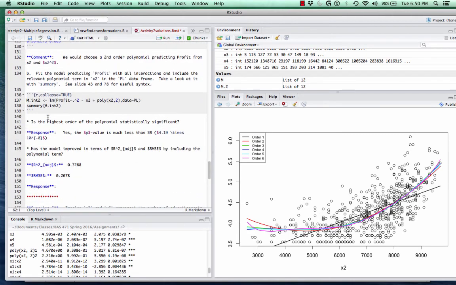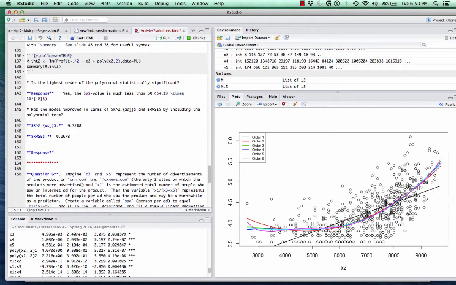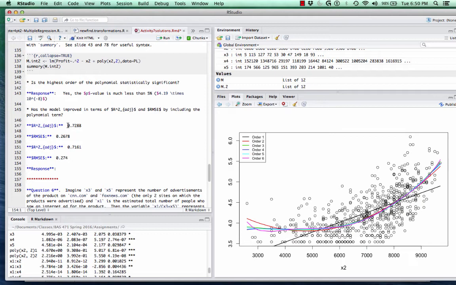Let's go ahead and just copy and paste that down here just so that we can compare. So we see that the r-squared adjusted has increased from about 0.72 to 0.73, and the root mean squared error has decreased from about 0.274 to maybe 0.269. So the model has improved, but just by a little bit.